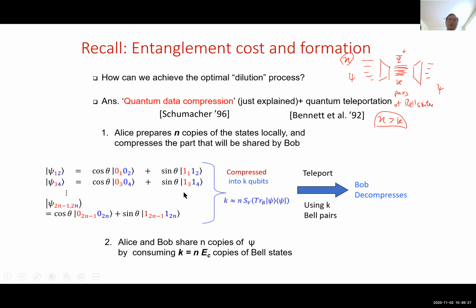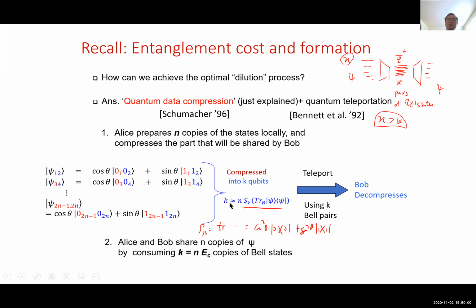And she compresses, because the reduced density matrix, if you trace over that, rho A will be cosine square 0 plus sine square 1. So as long as the entropy S is not 1, she can win by compressing, right?